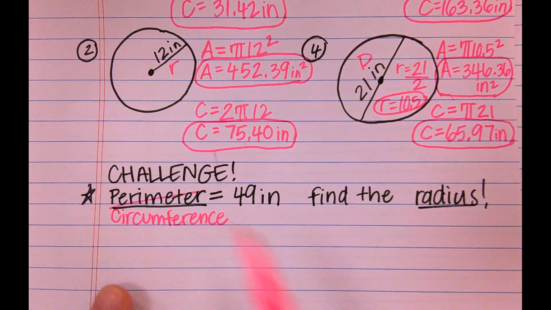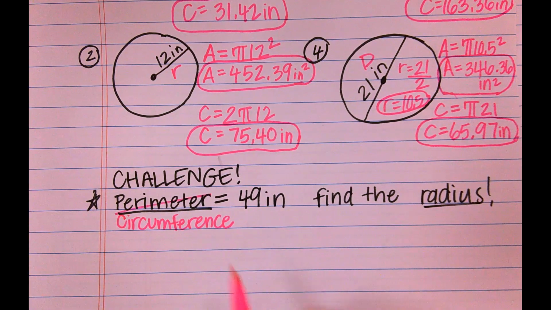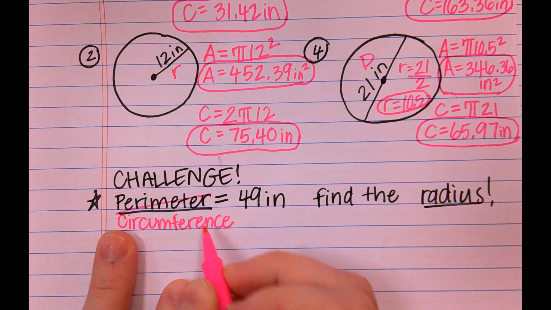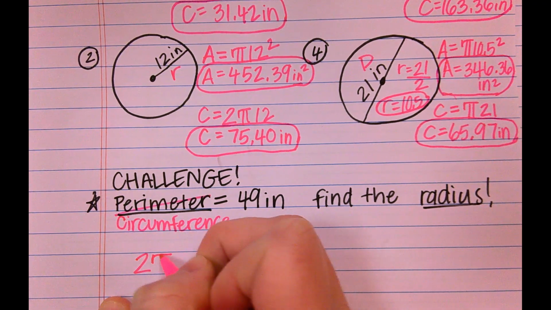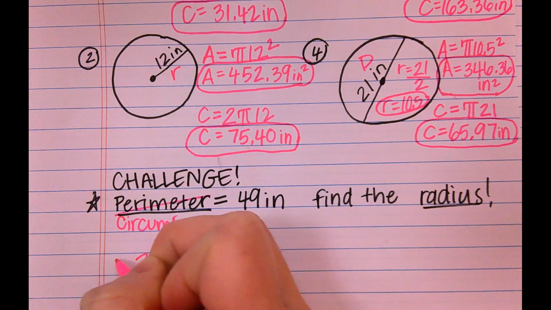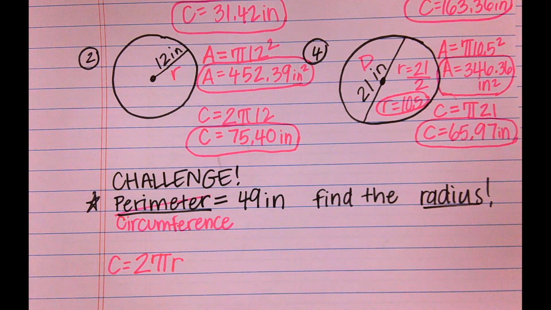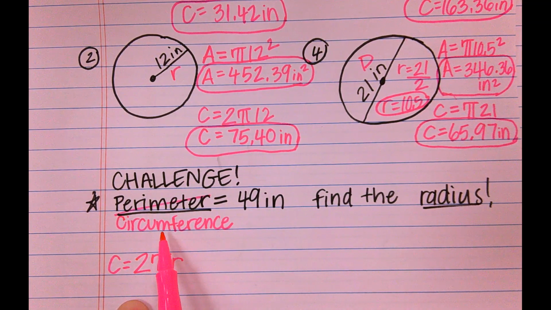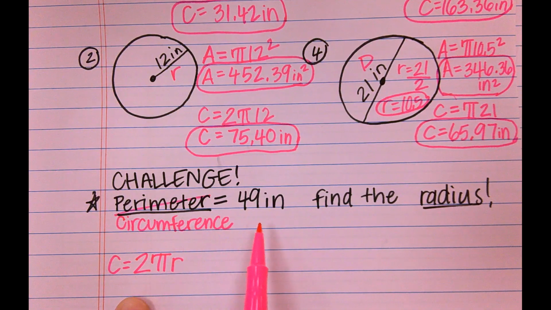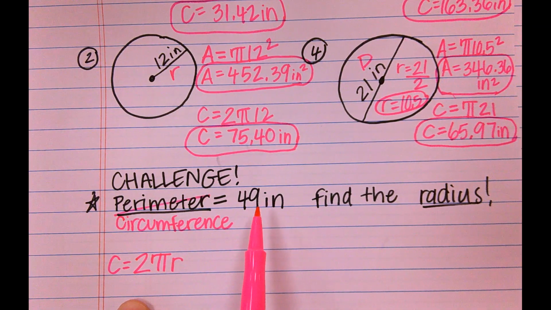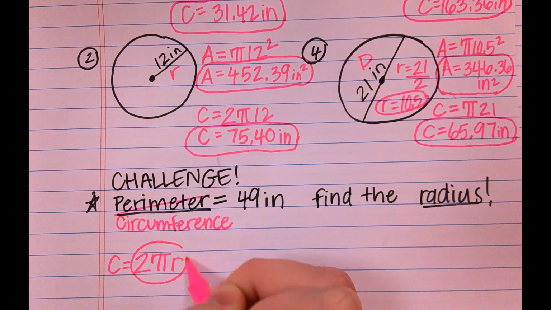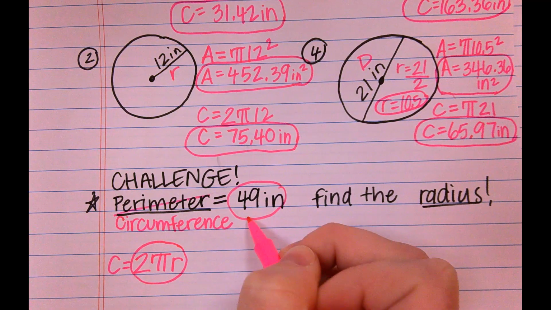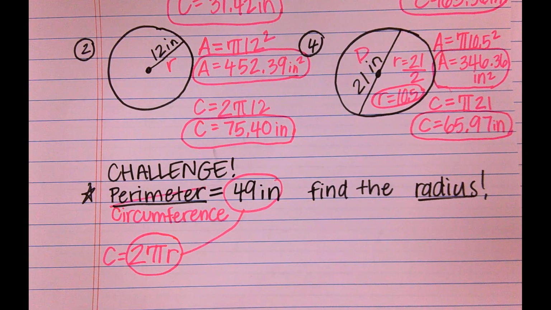But what we want to think about is where are these numbers coming from? So we're going to bring down the circumference formula for a minute. You know that that is 2 pi r, right? So if the circumference is equal to 2 times pi times radius, and the circumference is equal to 49, what if I say these are equal to each other?